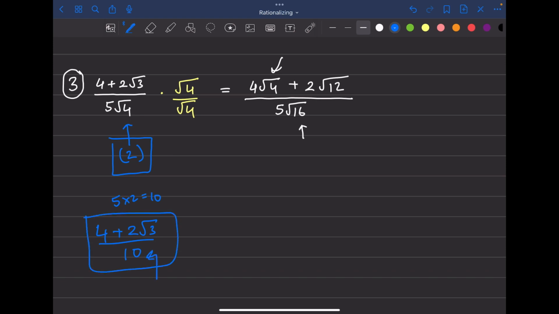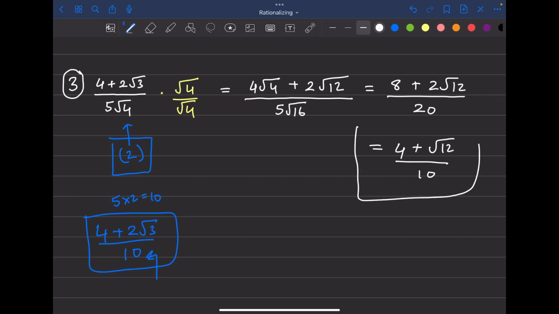Now I'm going to try to prove that this gives us the exact same answer. So 4 root 4 is 4 times 2, which is 8, plus 2 root 12 over 5 root 16 is 5 times 4, which is 20. Now we can divide everything by 2. This will give us 4 plus root 12 over 10.